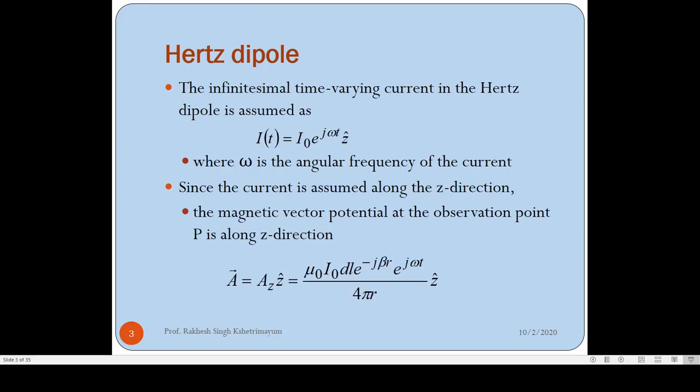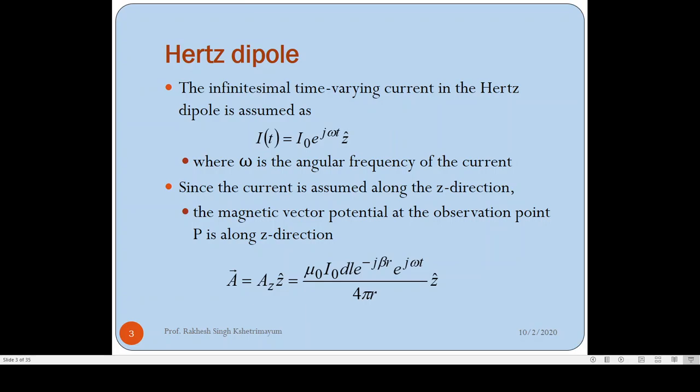So now this infinitesimally small current carrying element is carrying a current, and you know that in order to have radiation we should have a time varying current, a current which is changing with time.